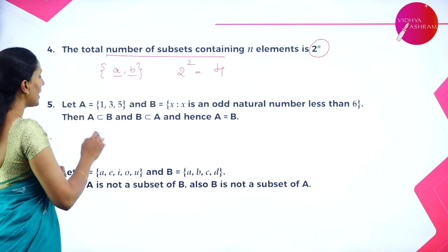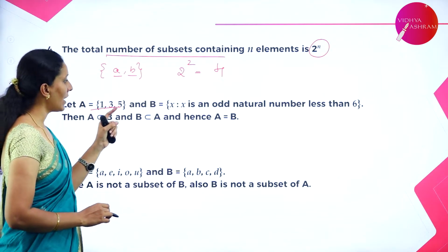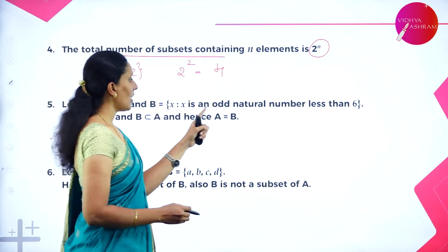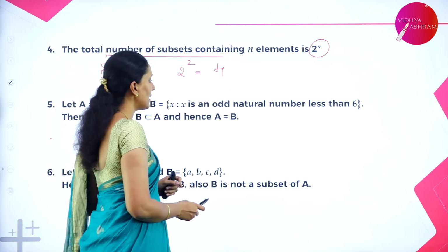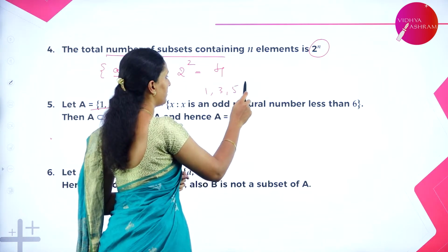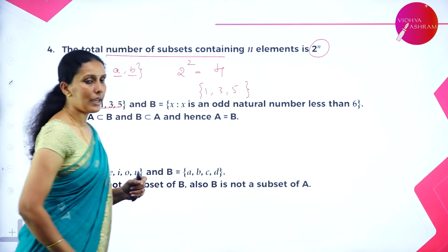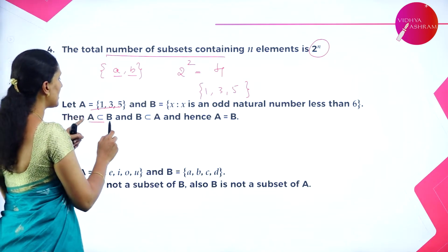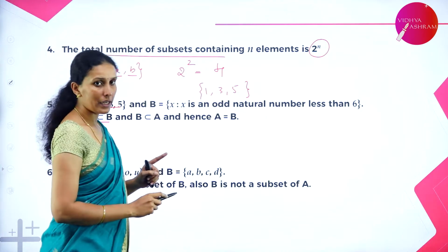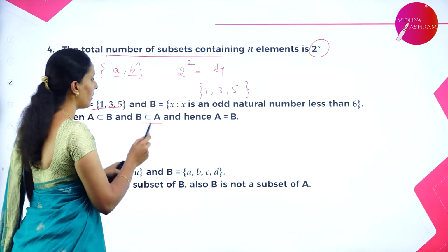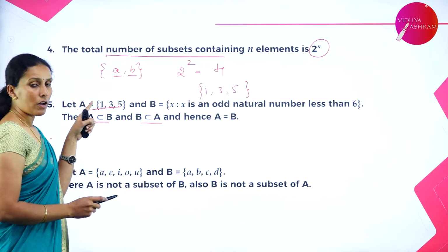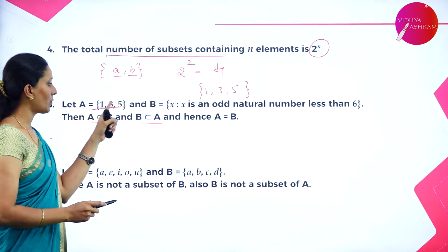Next, let A be equal to {1, 3, 5} and B be the set of odd natural numbers less than 6. When I say odd natural number less than 6, they are 1, 3, 5. This is the set. Clearly you see here, A is a subset of B because 1, 3, 5 are also elements of B, and B is also a subset of A, because the elements inside B are also elements of A, that is 1, 3, 5.